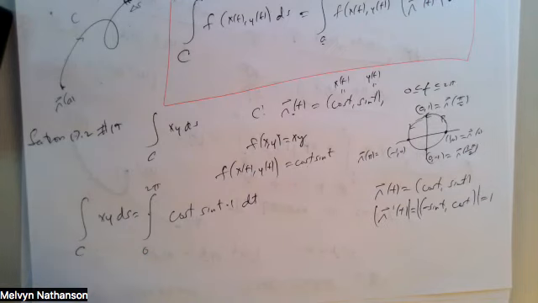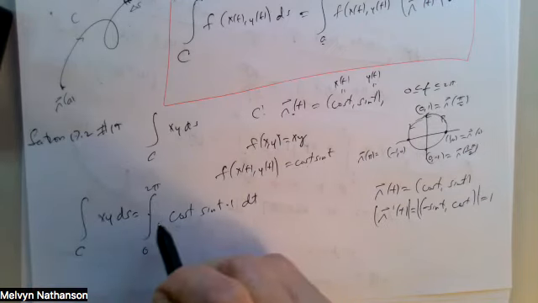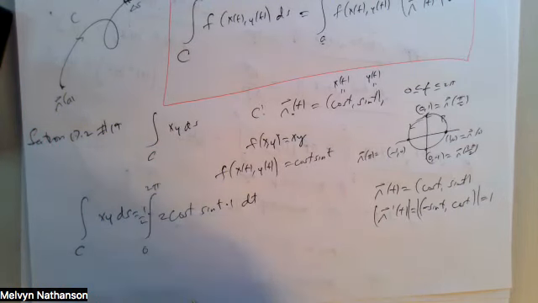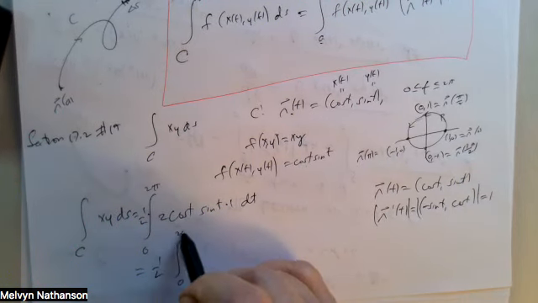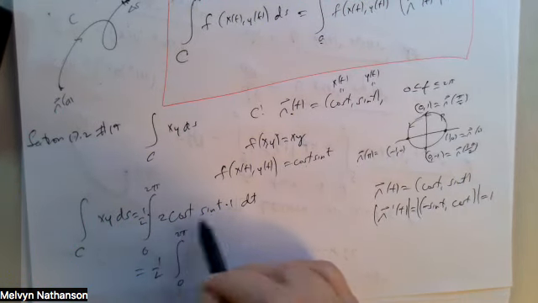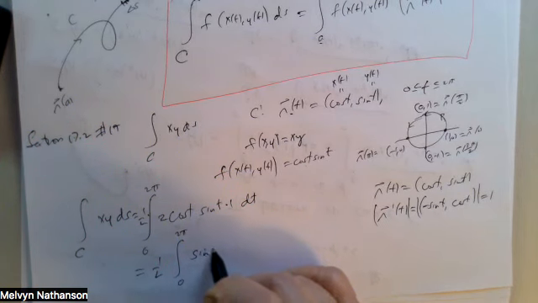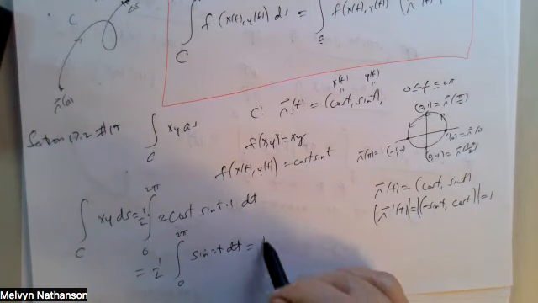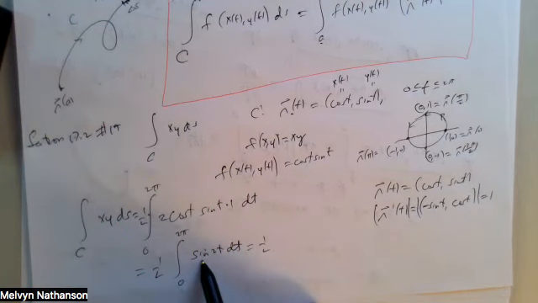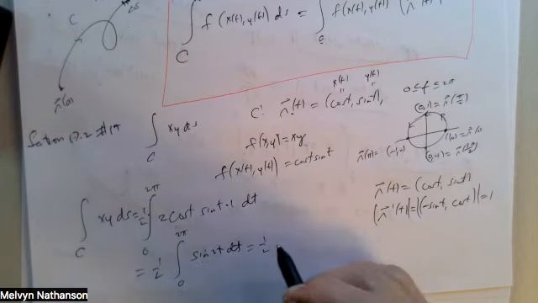So we have to do this integral. Now, 2 cosine t sine t, we know. So if I write 2 times a half, I haven't changed anything. So this is 1/2 the integral from 0 to 2 pi of 2 cosine t sine t, which is the sine of 2t, dt. What's the antiderivative of the sine? It's minus the cosine. What's the antiderivative of the sine of 2t?